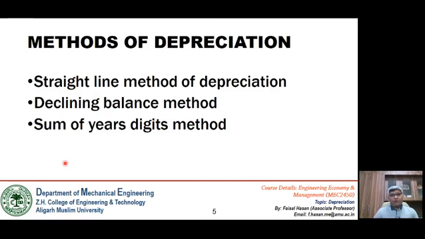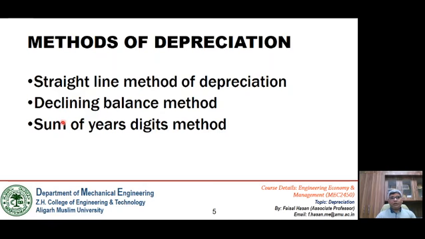Now some of the basic methods of depreciation are the straight line method, the declining balance method, sometimes also known as the double declining balance method, and the sum of years digit method. The basic difference between these methods is that in the straight line method we have a fixed amount of money depreciated per year.